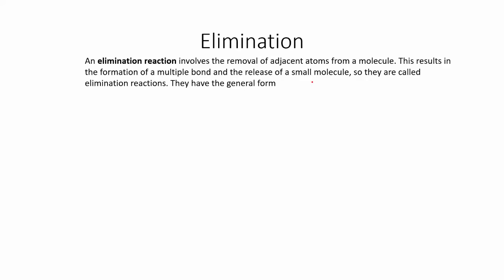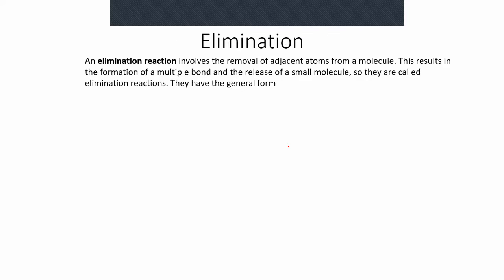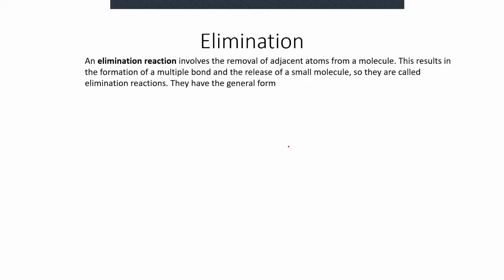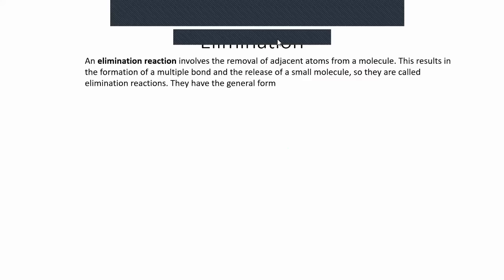Elimination. To eliminate means to remove. In other words, I'm taking something out of a compound. That's why I said an elimination reaction involves the removal of adjacent atoms from a molecule. Now, I need you to listen to the words.